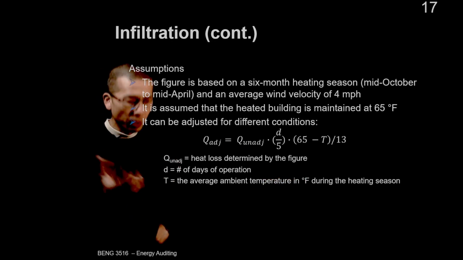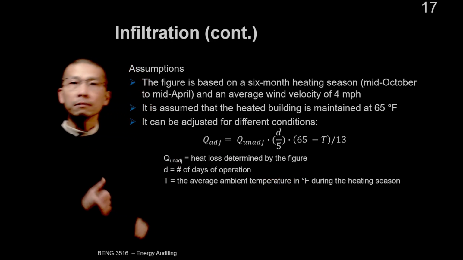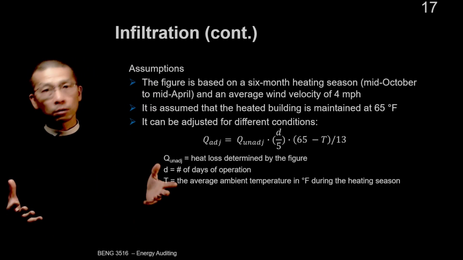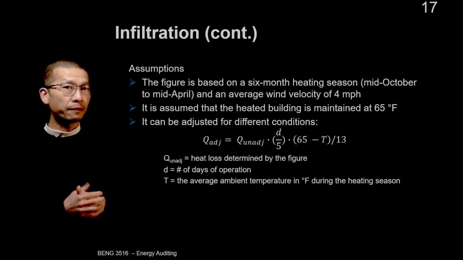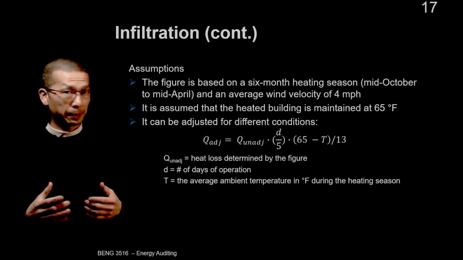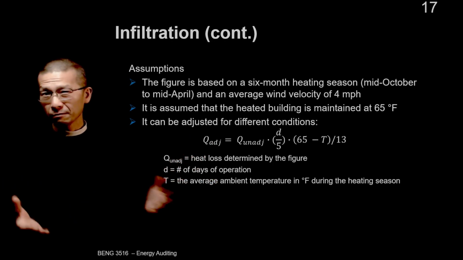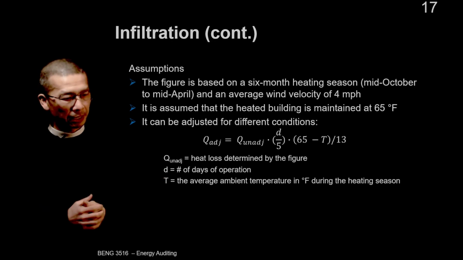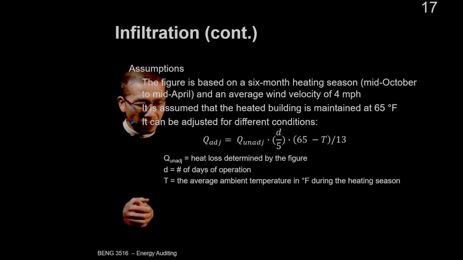So whatever that is, if the location is, say, Toronto, what would be the average ambient air temperature for the whole heating season? I'm not sure. -5, 0 degrees. And then finally divide by 13.